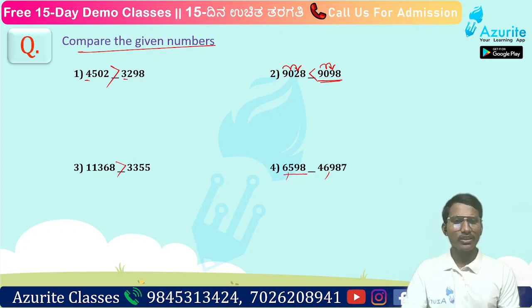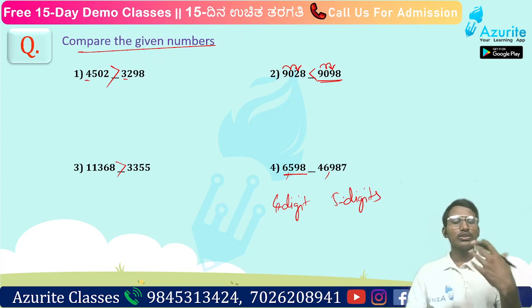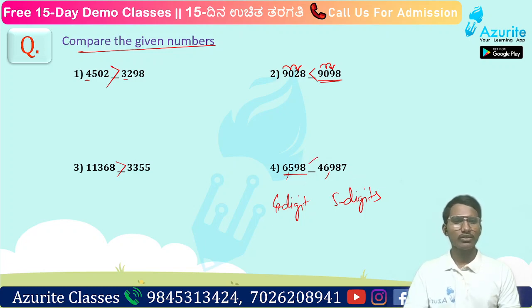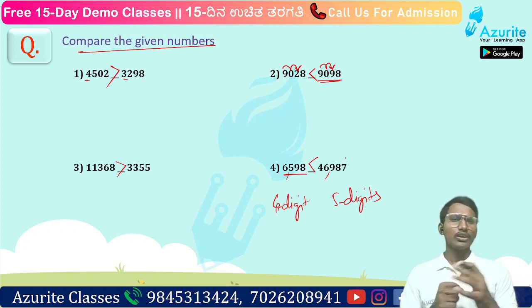Here there are only 4 digits, and here there are 5 digits, right? Okay, so the number with more digits will be bigger. So here 46,987, here it is 6,598. So the lesser than symbol will come: 6,598 is lesser than 46,987. So that is how you have to remember.